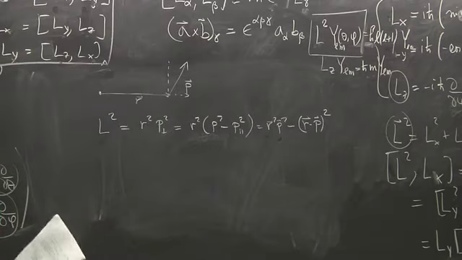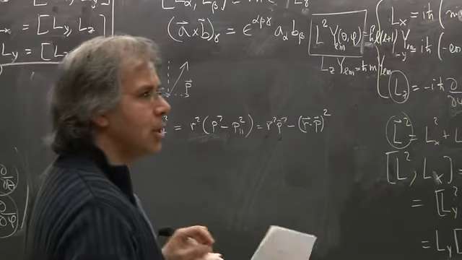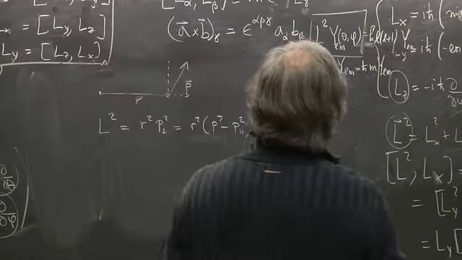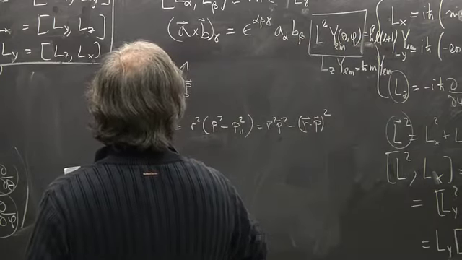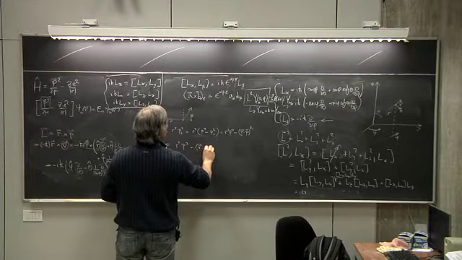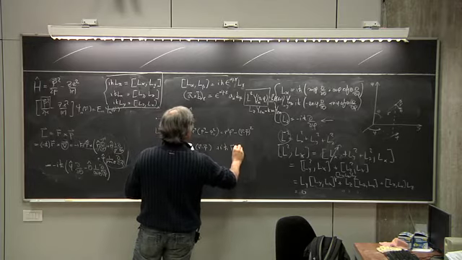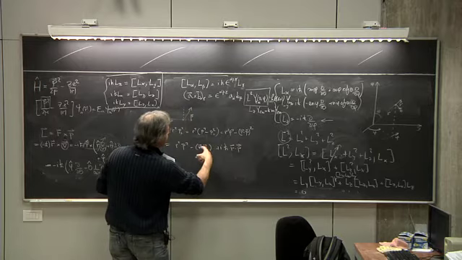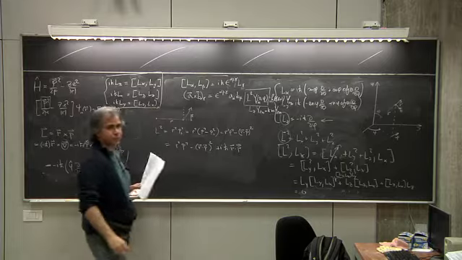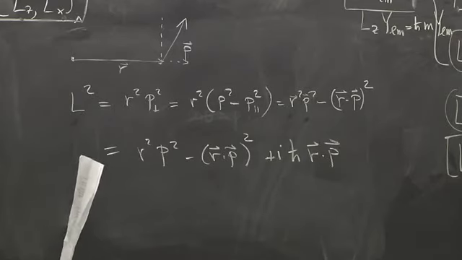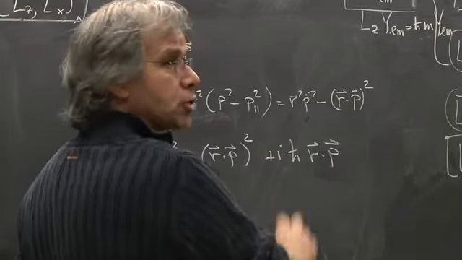Now, unfortunately, these are quantum mechanical operators and not just ordinary vectors, and therefore this equation is almost right. There is an extra piece here: r squared p squared minus (r dot p) squared plus i h bar r dot p. One extra piece, linear, with i h bar in front, which you could expect. This is purely quantum mechanics, and therefore, if you set h bar to 0, it should disappear.